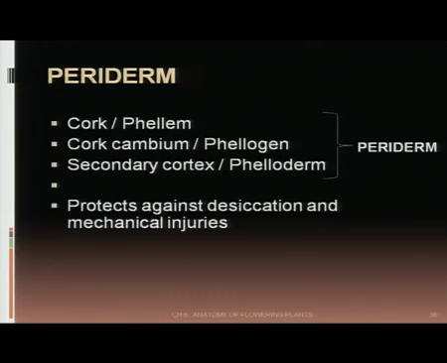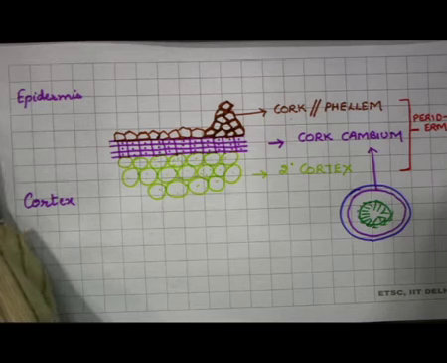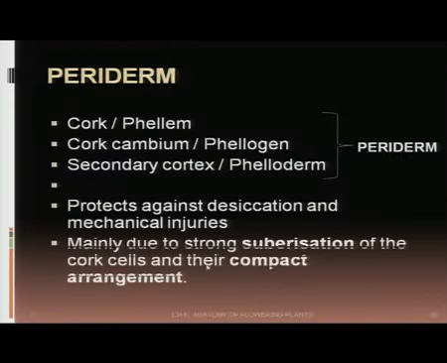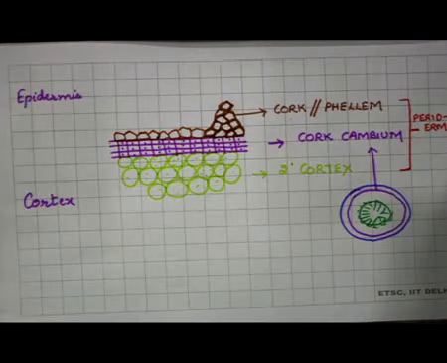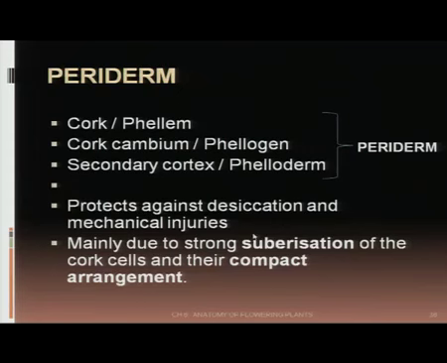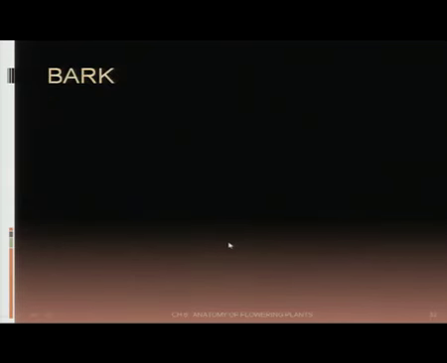What is the function of the periderm? These three layers protect against desiccation and mechanical injuries. And why are they able to give protection? Because of strong suberization of the cork cells and their compact arrangement. Because of this, they can protect against desiccation and mechanical injuries also.